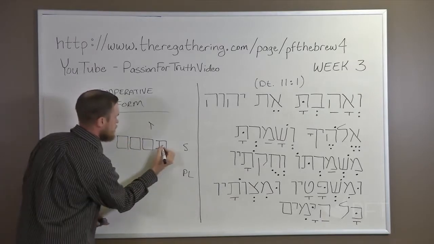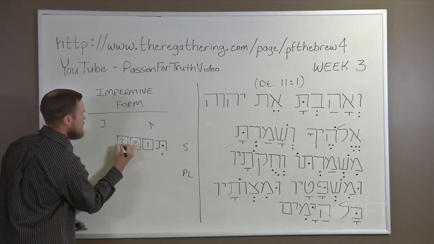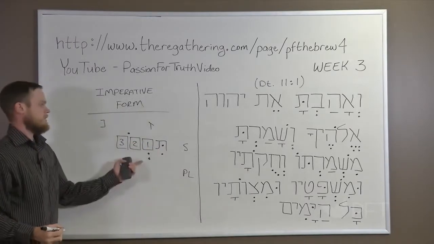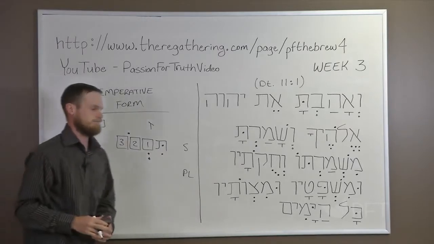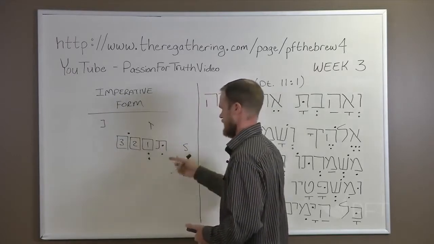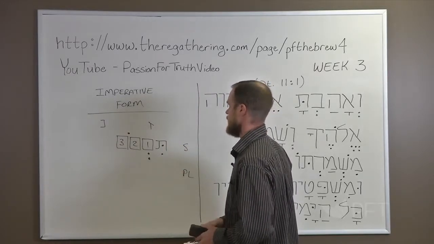I probably don't have enough room to do all this, but I'll improvise. Okay, so this is our paradigm. It's on the Binyan Pa'al conjugation sheet in the future tense. So that's the future tense.